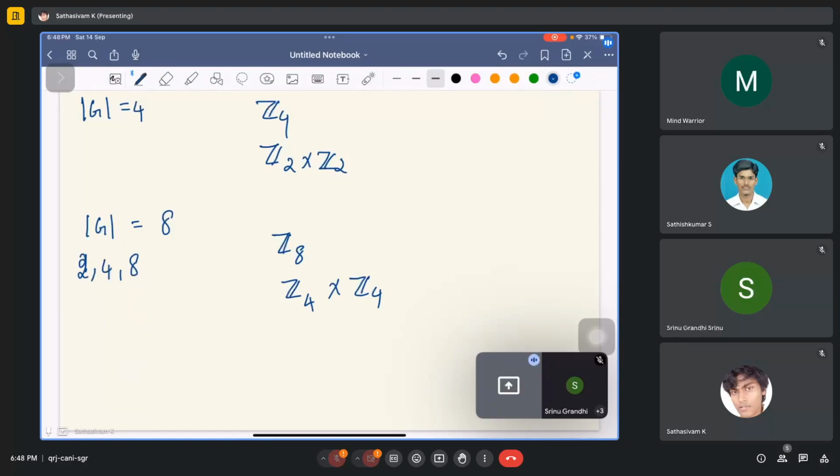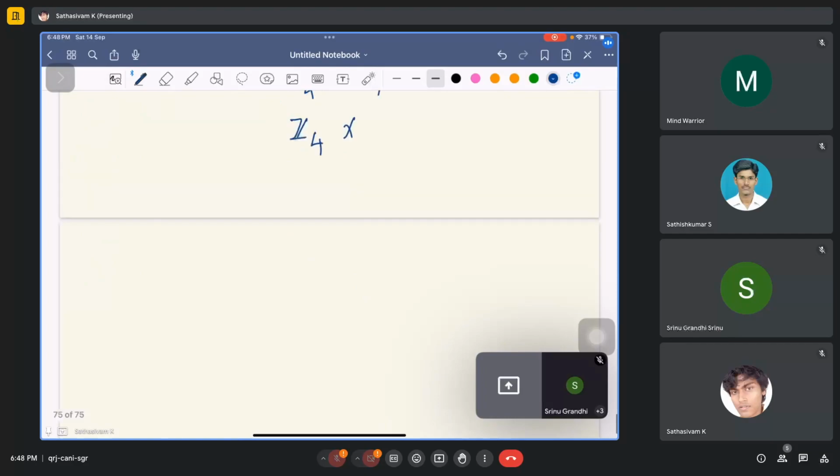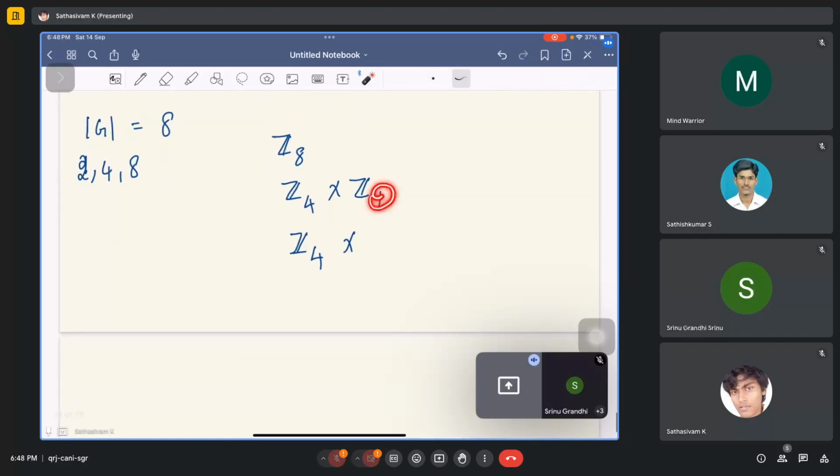And this is 4, not 2, because what we know is this one has to divide this one, and similarly for the rest. So we are keeping these numbers large. So this can be Z2 cross Z2; this is one possibility. Another possibility is Z2 cross Z2.